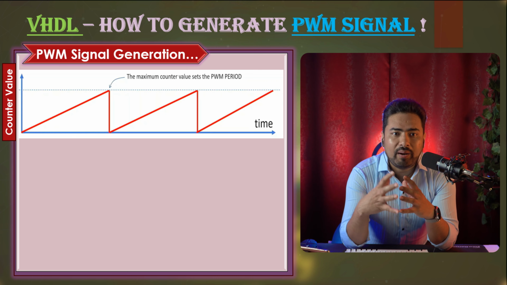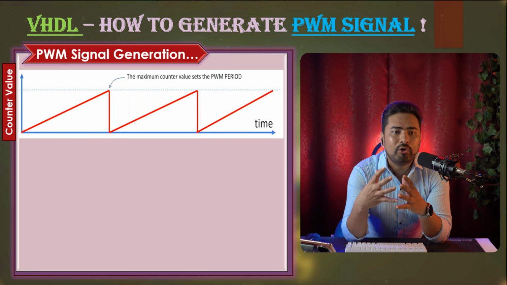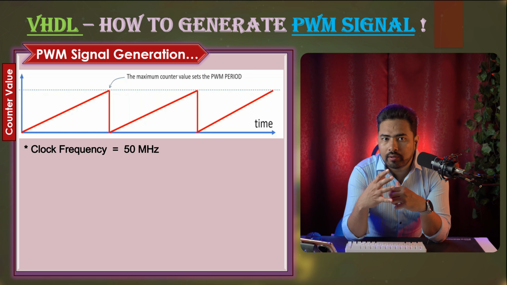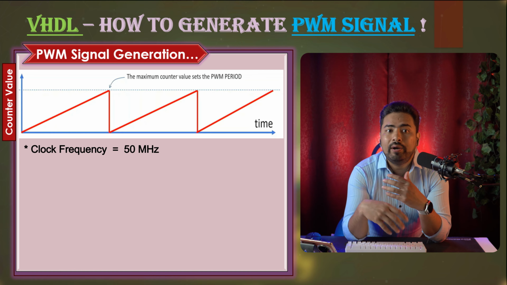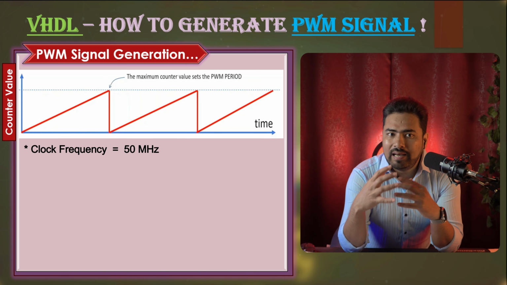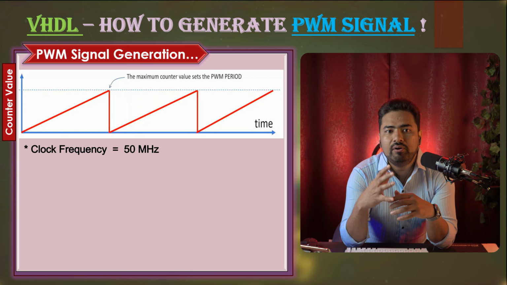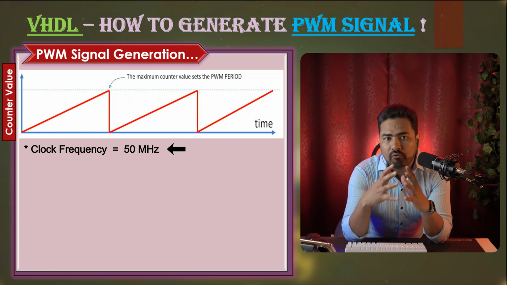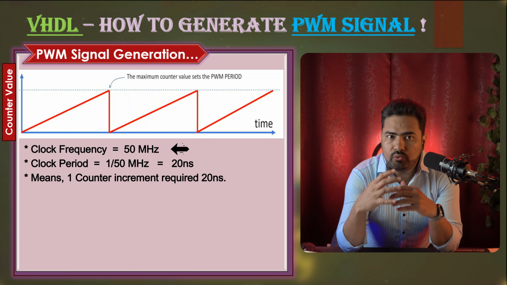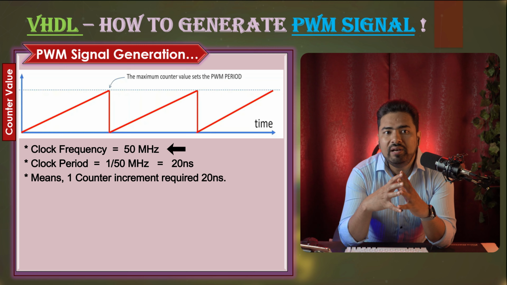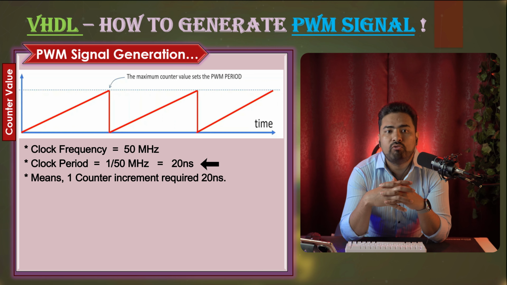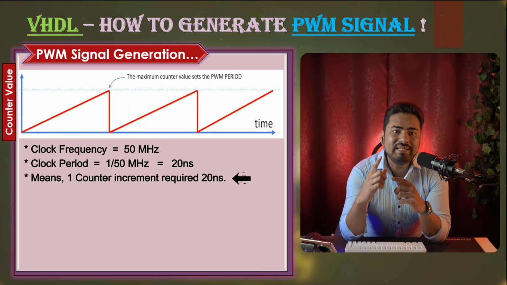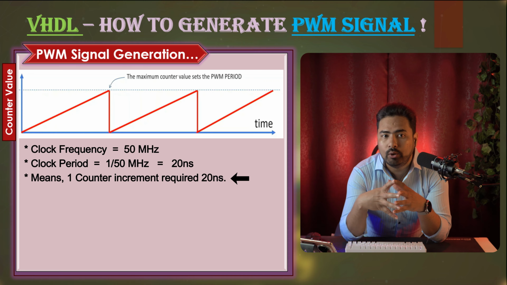There are more parameters also to decide this periodicity. For example, your input clock frequency or your FPGA board frequency. Like in our FPGA board, we have a 50 megahertz clock, which we will use. So for this 50 megahertz clock, we will have a 20 nanosecond clock period. Means one cycle will complete in 20 nanoseconds.